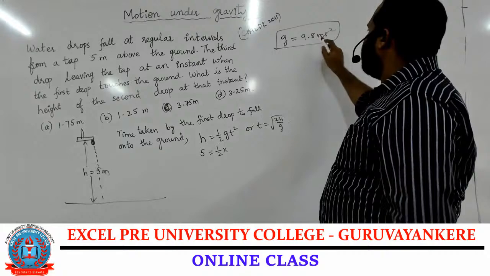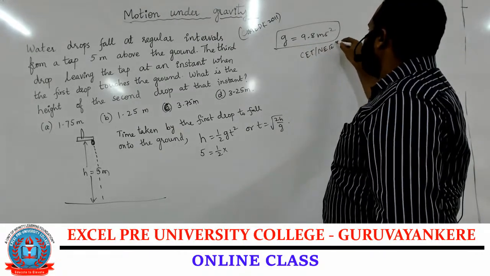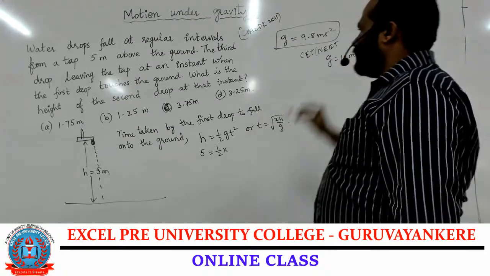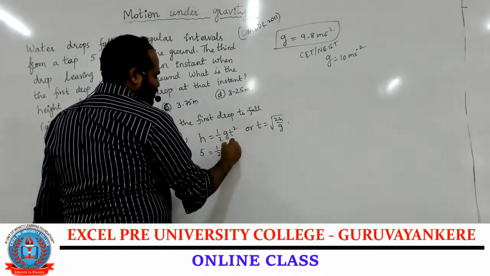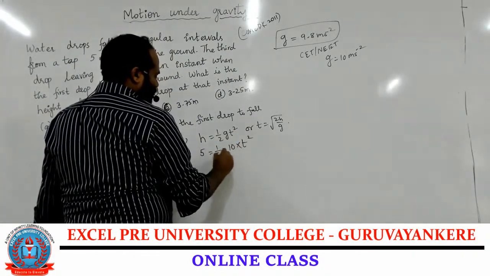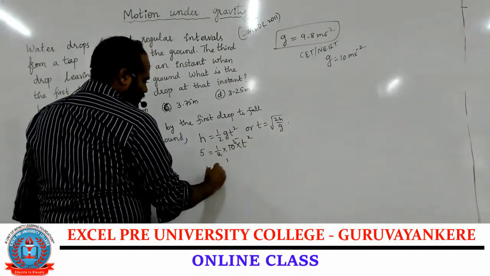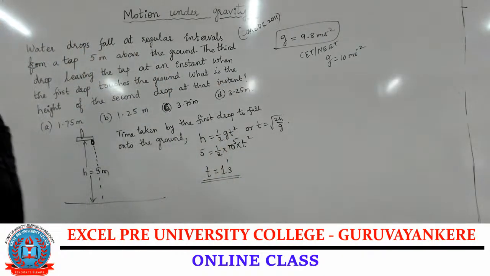G is 9.8, but for CET, NEET and all, for competitive exams, you can take g roughly as 10 meter per second square. So if you take g 10, t square, 5s cancel. t is equal to 1 second it will take. Is that clear?